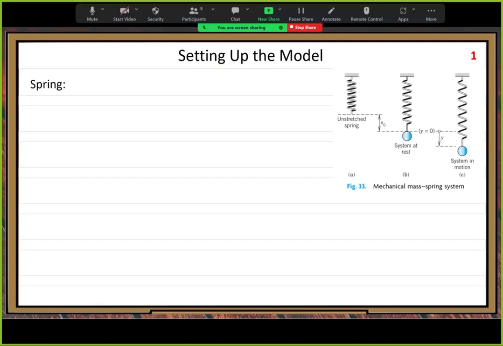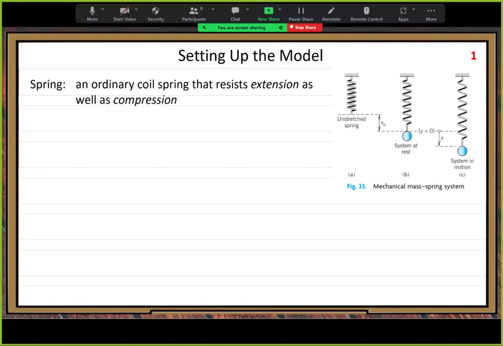Here the spring is an ordinary coil spring that resists extension as well as compression, two directions. Because the force has direction.